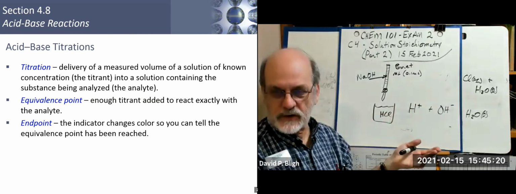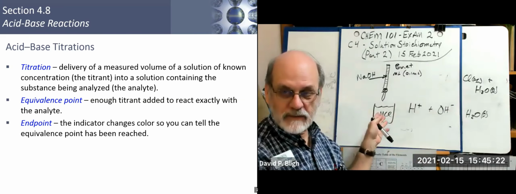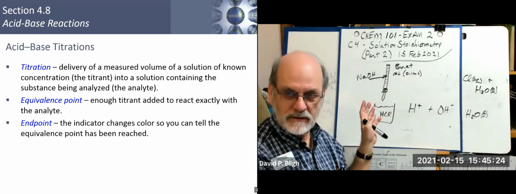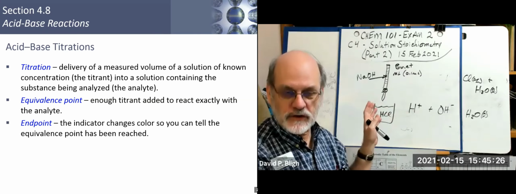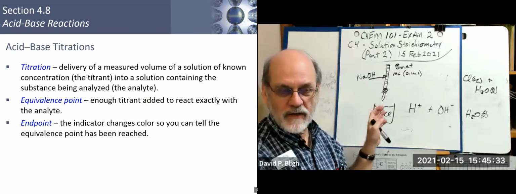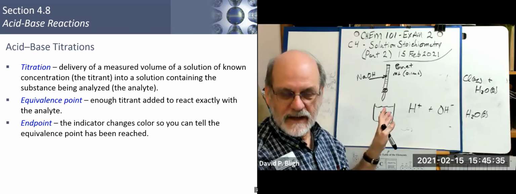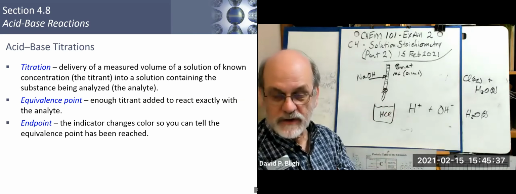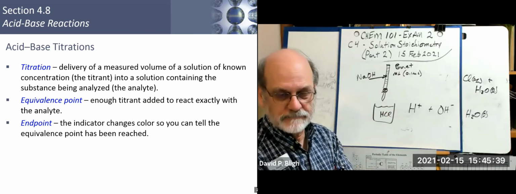So you substitute something in your solution that will change color when it gets close to, if not exactly on, the equivalence point. And when it changes color, we call that the end point. It's an approximation of the equivalence point, and it's really pretty close.